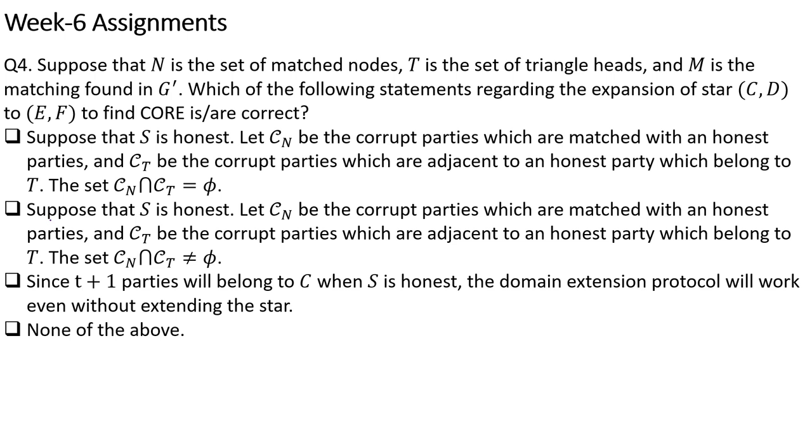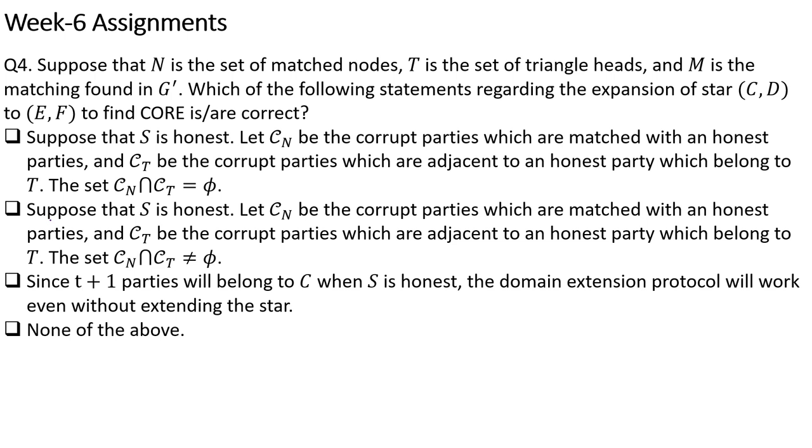Now the question is: which of the following statements regarding the expansion of star (C, D) to (C, E, F) to find core is or are correct? There are a few options. Suppose that S is honest. If S is honest, S will send all the copies of C1 to Cn identically, and all the honest parties will receive identical copies.